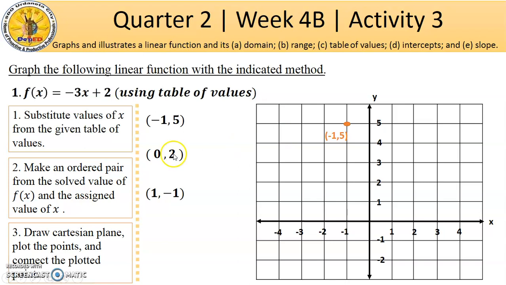Next, (0, 2). Next, (1, -1), we have it here. And lastly, we need to connect these 3 points. Now we're done with graphing linear functions using the table of values.